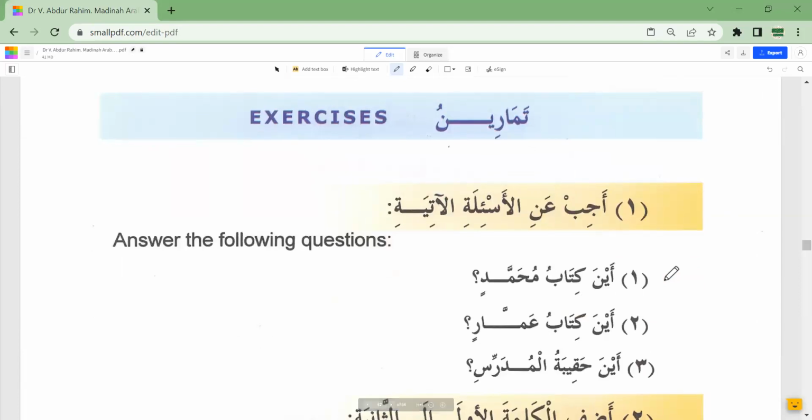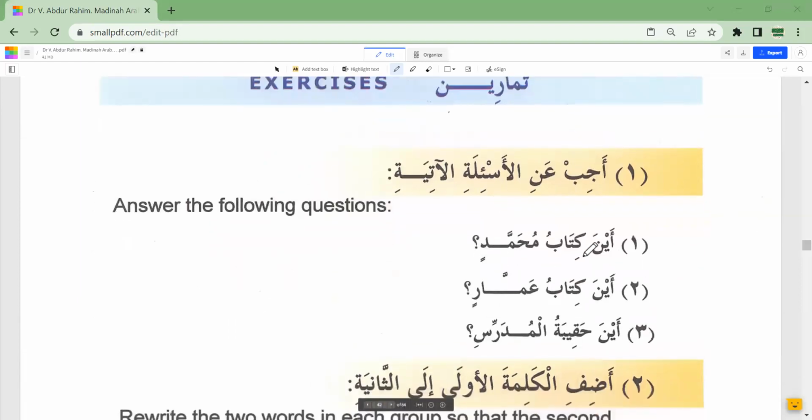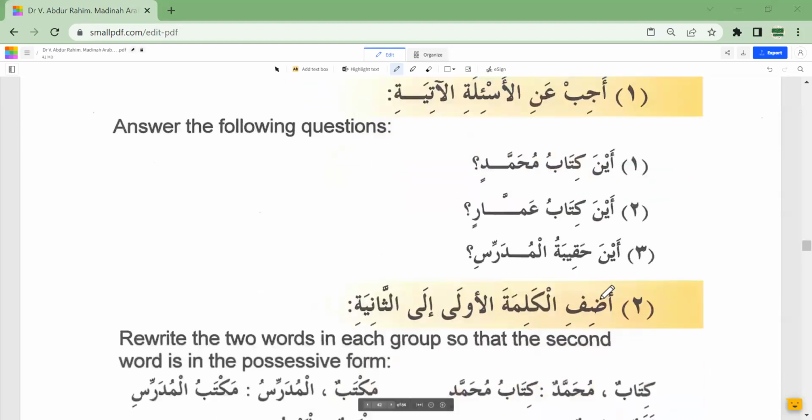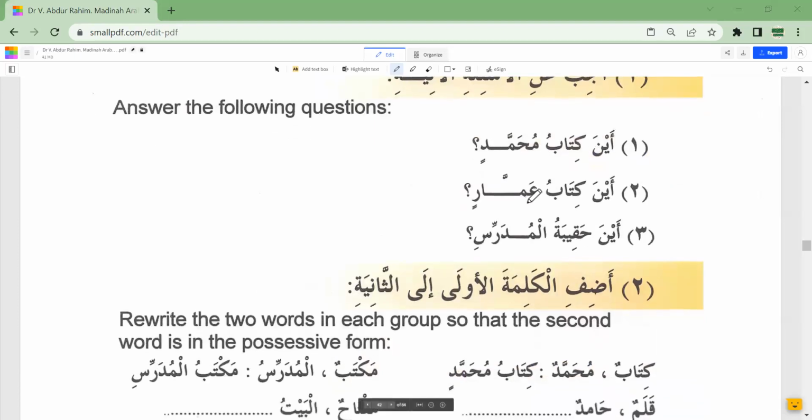Then here we have exercises. أجب عن الأسئلة الآتية. So, أين كتاب محمد؟ كتاب محمد على المكتب. Right, or you can say هو على المكتب. Both are correct. Yeah, I am used to using long sentences at university. That's good.